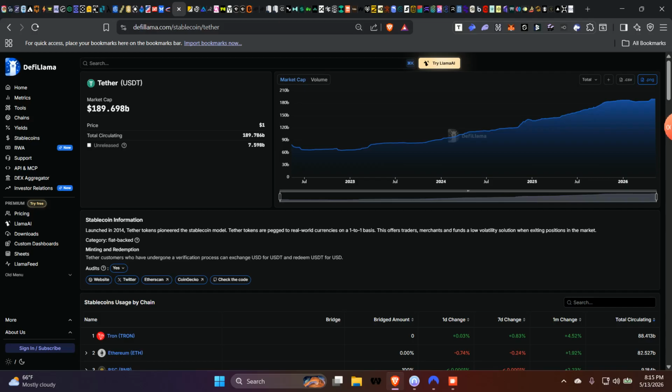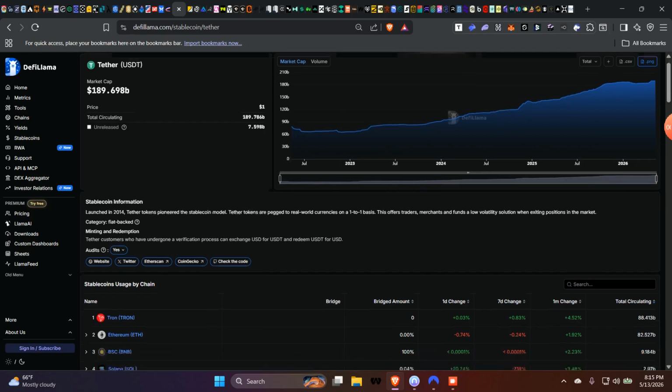So these are centralized exchanges. Notice I'm saying centralized, not decentralized, because this does not affect DeFi. This only affects centralized entities. Keep that in mind.